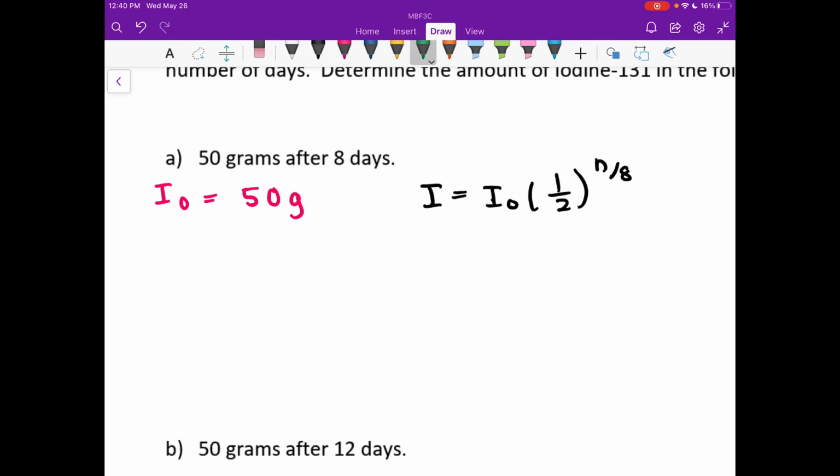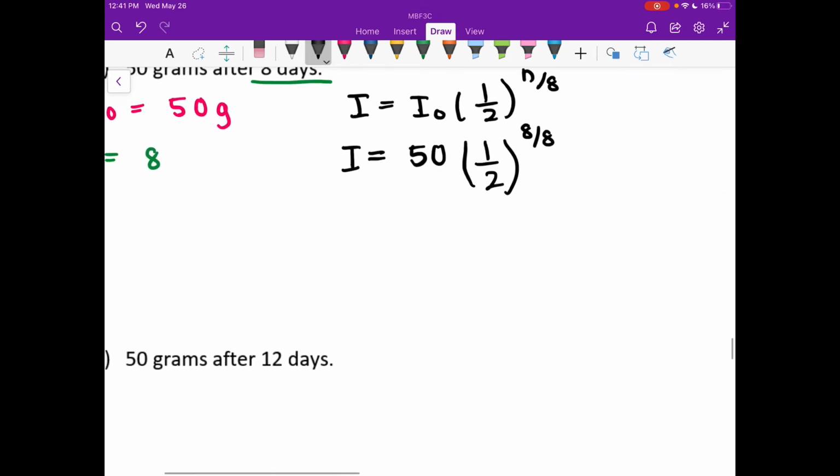And I know that my N value is going to be 8, because it says after 8 days, and N represents how many days have passed. So I is equal to 50, 1 half to the power of 8 over 8. Always simplify your exponent first. 8 divided by 8 is just 1.